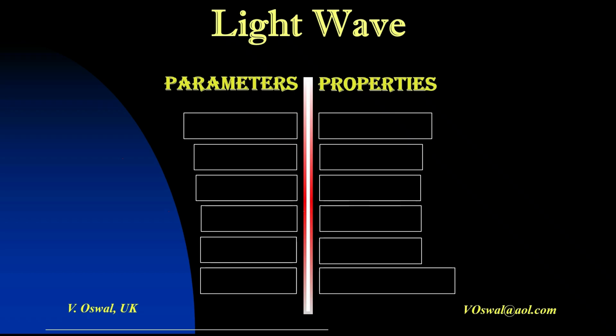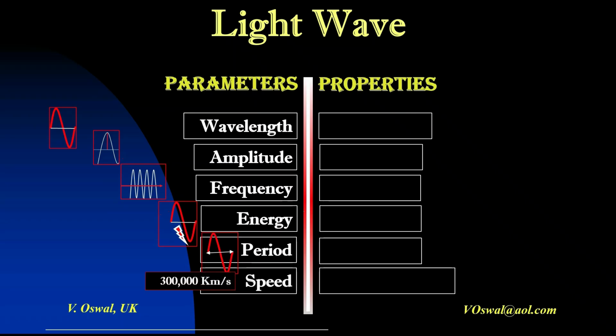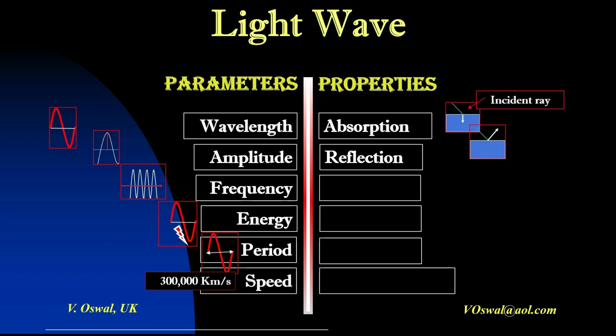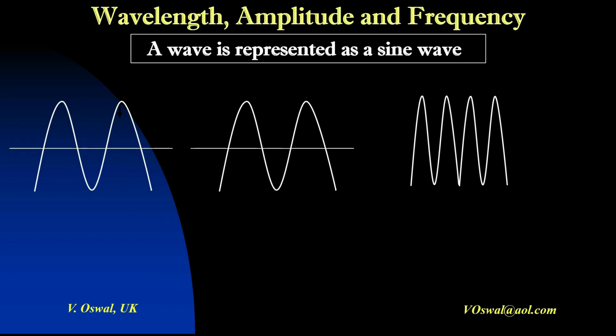The parameters are wavelength, amplitude, frequency, energy, period, and speed. Whereas properties are absorption, reflection, scatter, refraction, diffraction, and transmission.